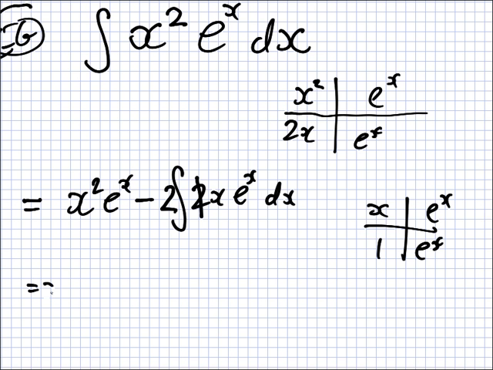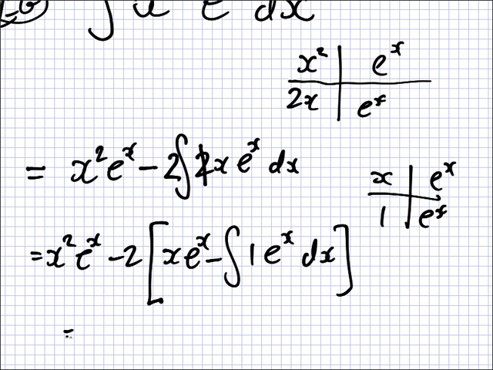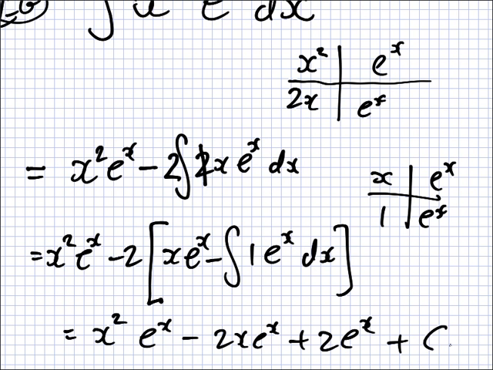So this becomes x squared e^x minus 2 bracket, and then we repeat fg minus f derivative g. Like that. So that becomes x squared e^x minus 2x e^x plus 2e^x plus c. See, because you have to use it twice. Minus c. It doesn't matter.